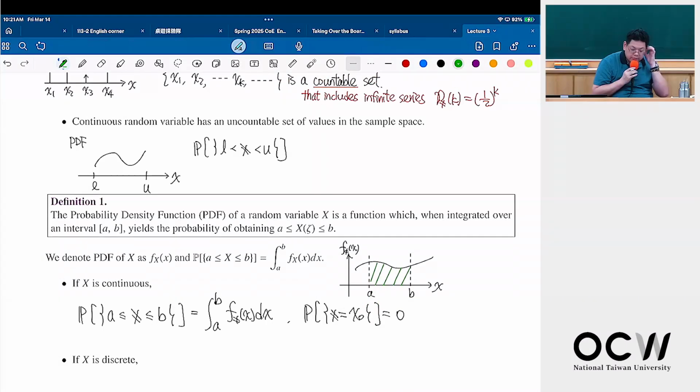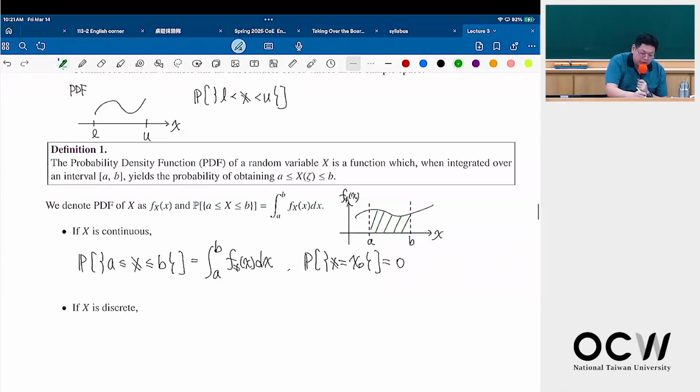For a continuous random variable, for one point, I don't have a probability for the random variable equal to just one point, because if it's just one point, there's no area. It will be 0.